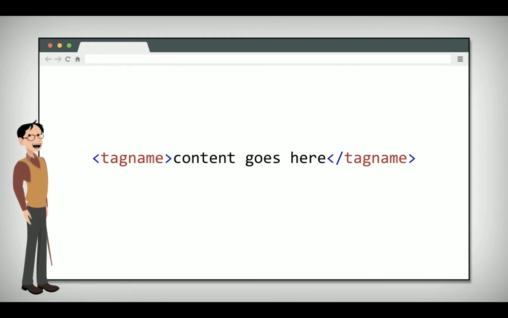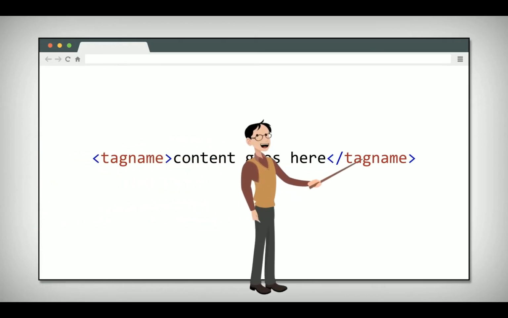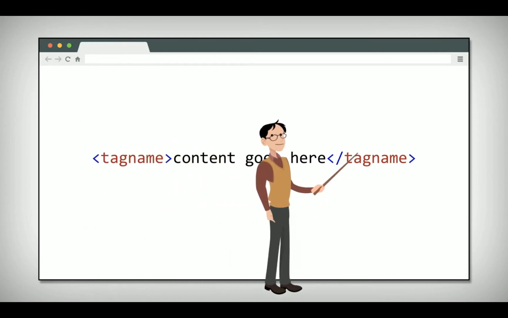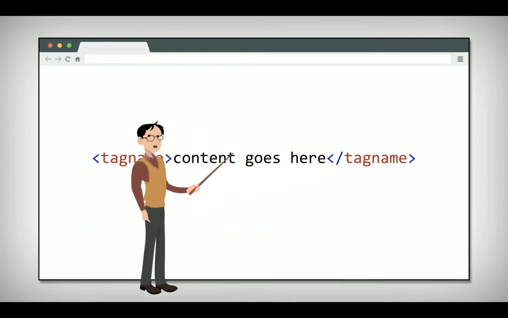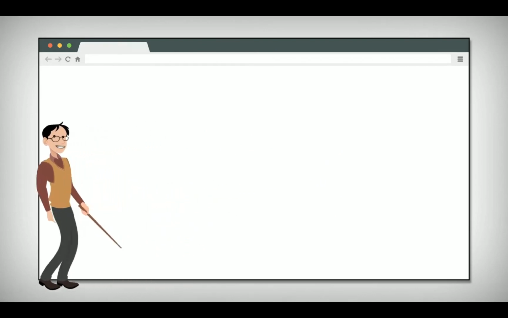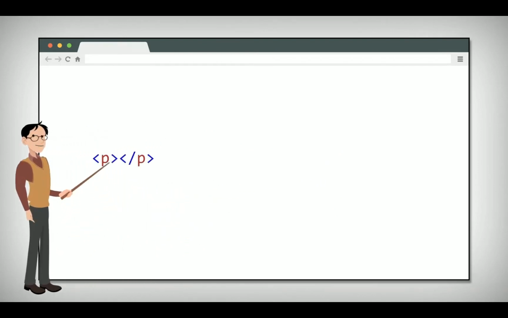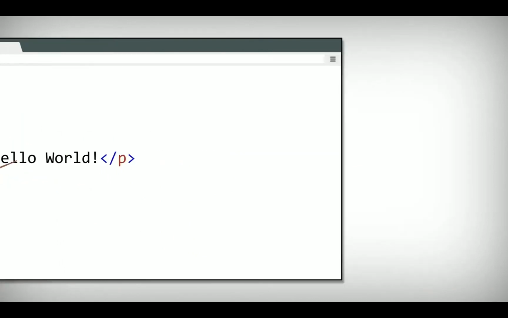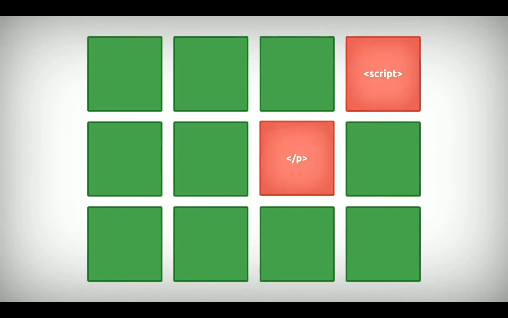Tags typically come in pairs, a start tag and an end tag. The end tag is written just like the start tag, but with a / inserted before the tag name. Here we've got the tag name and the / tag name, and the content of the element in between them. So if this was a paragraph, we'd use P / P and some text in the middle. Let's play a game. See if we can correctly match start and end tags together.